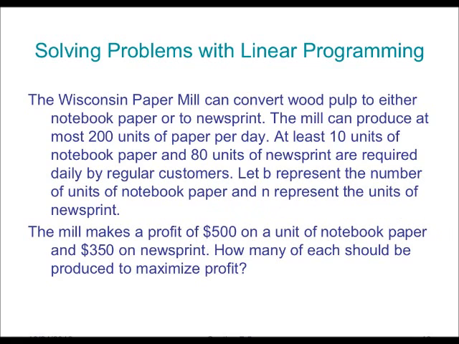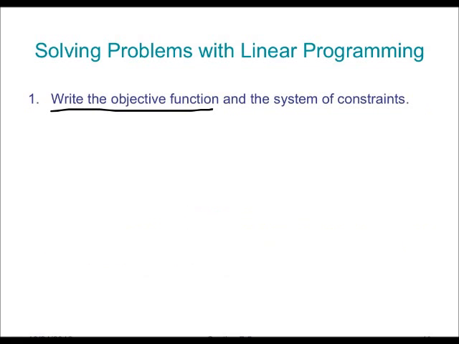That's a rate. Whenever you have profit functions, these are always going to be rates. They always have to get multiplied times the variable. The notebook paper, we called that B. So my profit function, I'm going to call it P for profit. I'm going to have 500 times B.